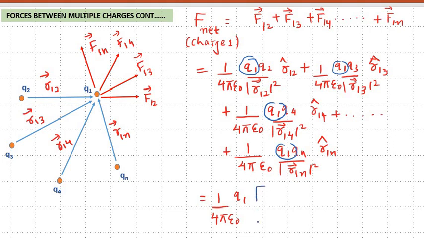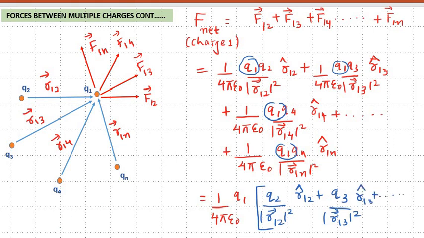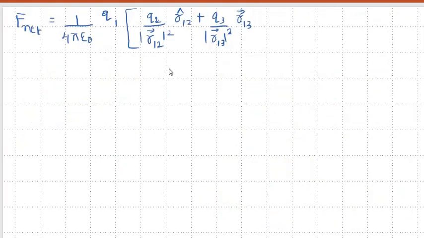Now what stays inside is Q2 upon R12 vector whole square R12 cap, then again I should write down Q3 upon R13 vector whole square, then R13 cap. So guys, writing it in continuity, this is plus two more terms, just in order to generalize, it will become easier.